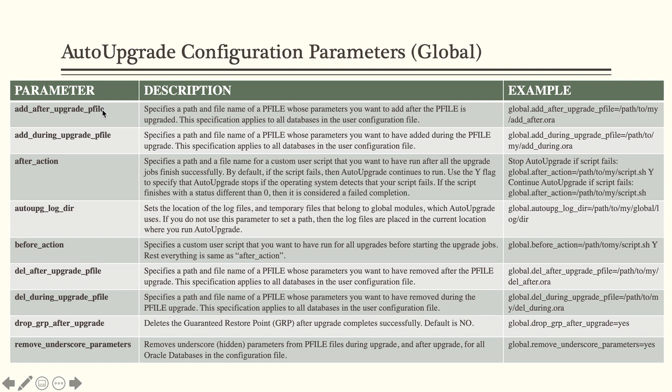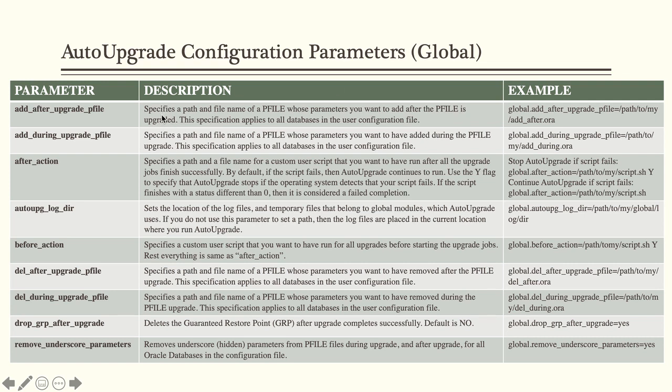The name itself indicates, it specifies a file path of a p file, which is your Oracle database text parameter file, where you have put some parameter equals to value, and these parameters are to be added into your parameter file after the upgrade is done. So it specifies the file path of a p file whose parameters you would like to add to your parameter file after the database is upgraded.